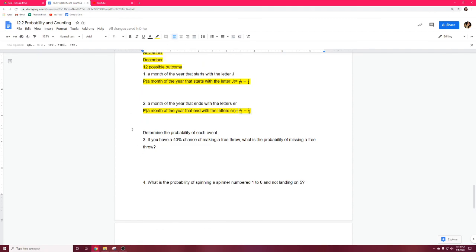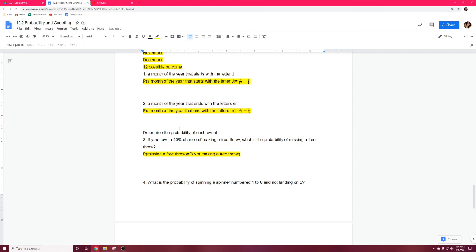Okay, all right, let's look at the next question. If you have a 40% chance of making a free throw, what is the probability of missing a free throw? We said missing a free throw is actually not making a free throw, so that is the complement event. So the probability of missing a free throw is the probability of not making a free throw.